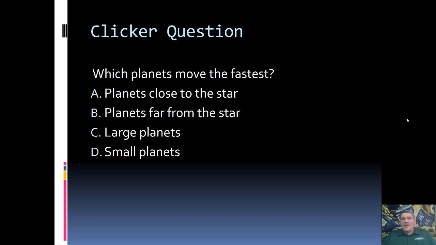So this goes back to Kepler's laws, specifically Kepler's third law. Kepler's third law compares the distance to a planet to how fast it is orbiting, and specifically, the greater the distance, the slower the planet, which means a fast planet is one that's going to be close to its star. The correct answer is A.